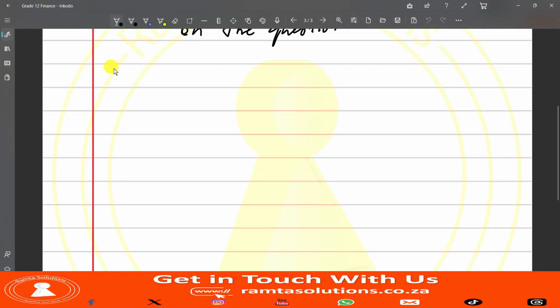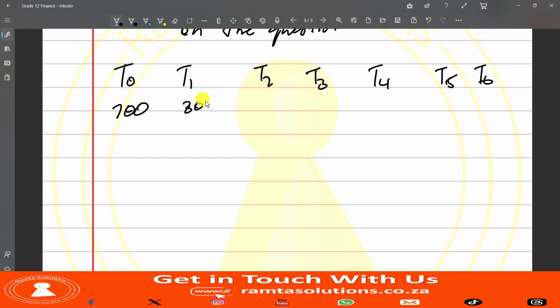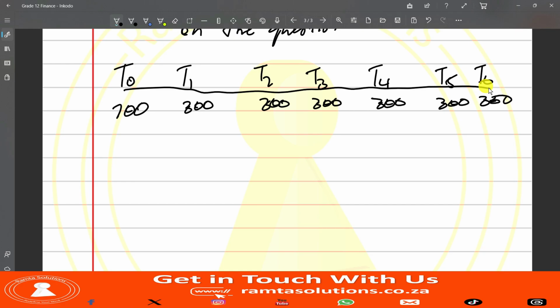Look at this. T0, T1, T2, T3, T4, T5, T6. This is 700, and this is 300, 300, 300, 300, 300, 300. So, what is the amount of money that an individual will have at the end?